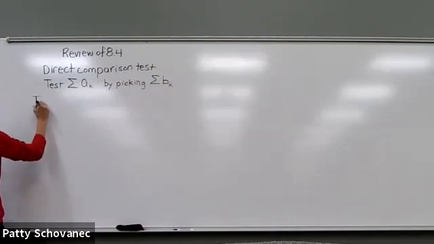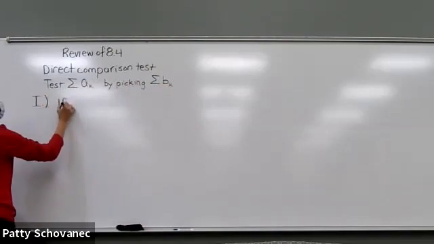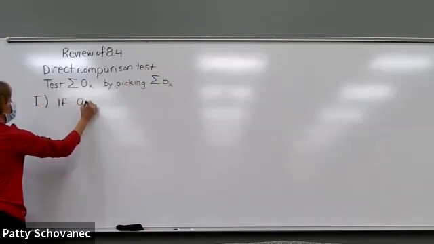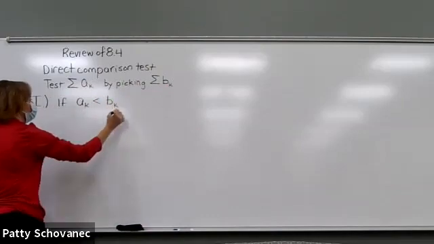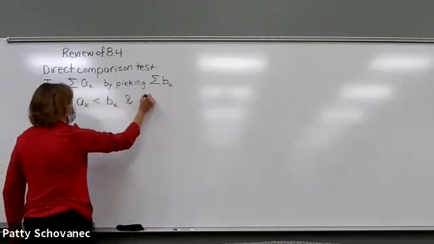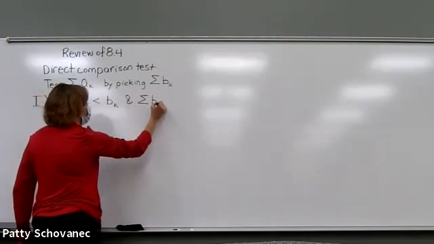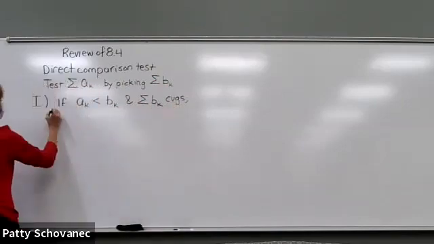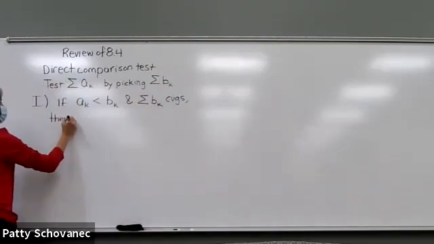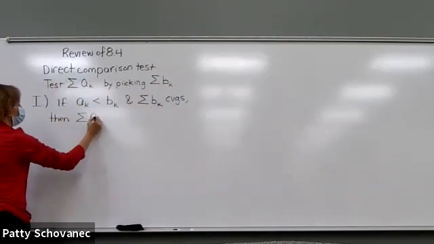The first part of this says that if all of the terms in the testing series are smaller than the terms in the known series, and the known series converges, then our conclusion is that the tested series converges.